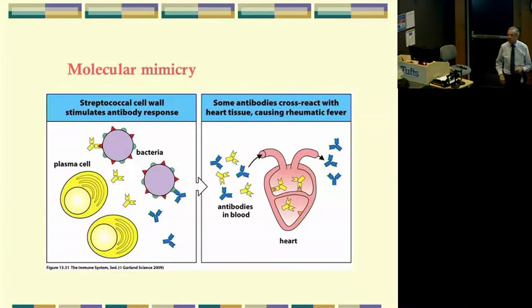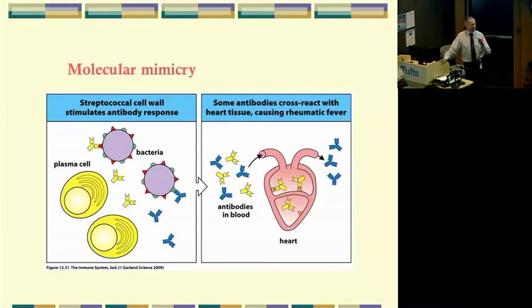It's a horrible disease. Because kids with sore throats go to doctors, they do a rapid strep test. As soon as they see it's strep positive, they give antibiotics. And the rheumatic fever has declined almost to negligible because of that. And this is the reason why. Because the antibody cross-reacts. We call that molecular mimicry.